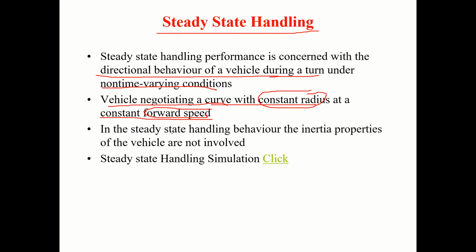So since we are talking about steady state handling behavior, we will not consider inertia properties of the vehicle. Okay, that's the main thing. So the problem becomes much simpler.